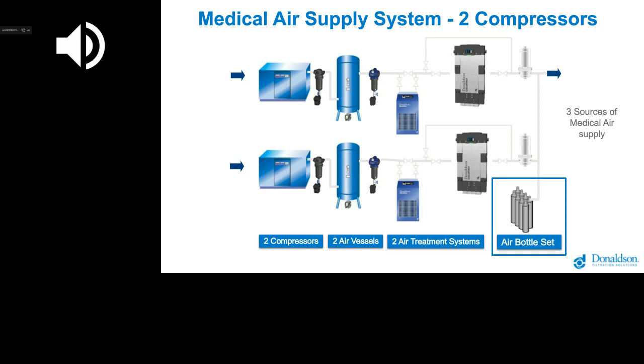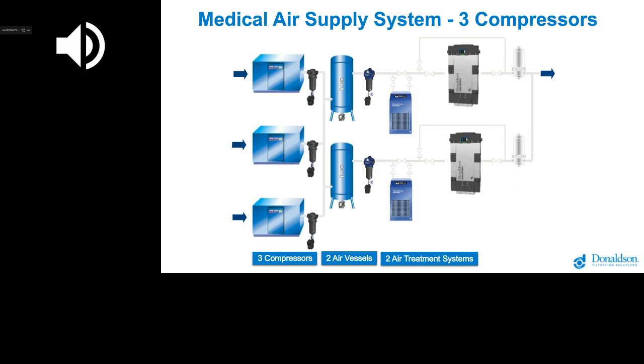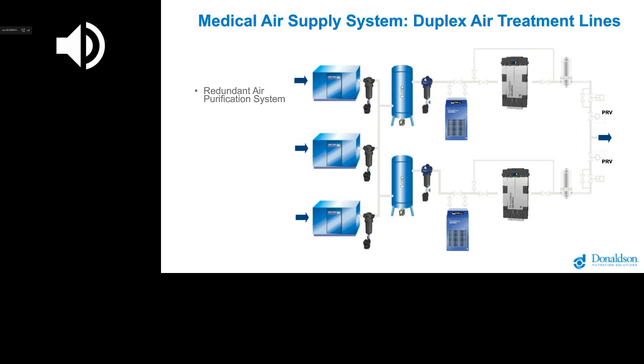The most applicable and most frequently used system for in-house generation of breathing air or medical air is made of 3 compressors and 2 purification lines. I would like to go a little bit deeper here in order to explain the benefits of this system. First is a completely redundant purification system. So you have 2 purification lines and 3 compressors.